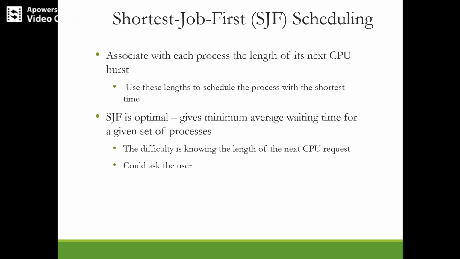What happens in this algorithm is, when the CPU is available, it is assigned to the process that has the smallest next CPU burst. In case two processes have the same length of next CPU burst, FCFS scheduling will be used.